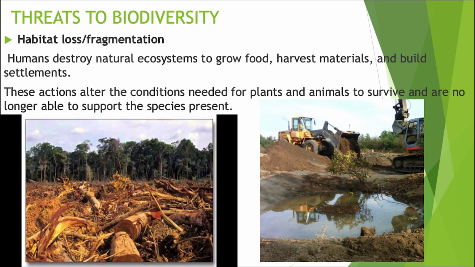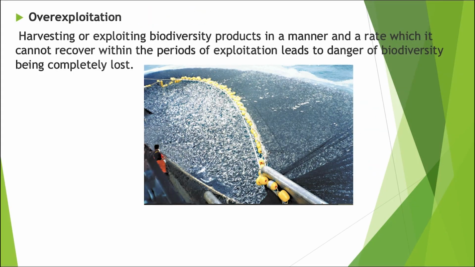Fragmentation means when habitats are divided into fragments due to the establishment of man-made structures such as roads and highways. The animal and plant species are forced into smaller areas and they are crowded so that it is harder for the biodiversity to sustain.